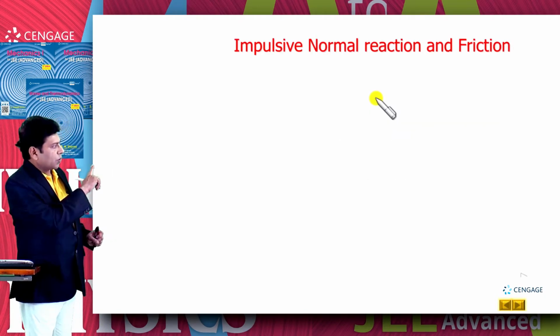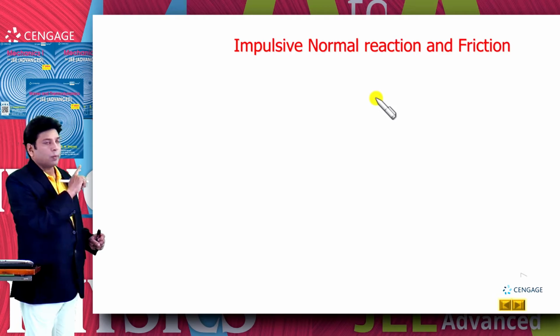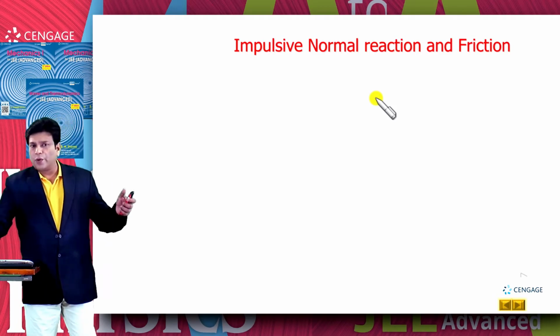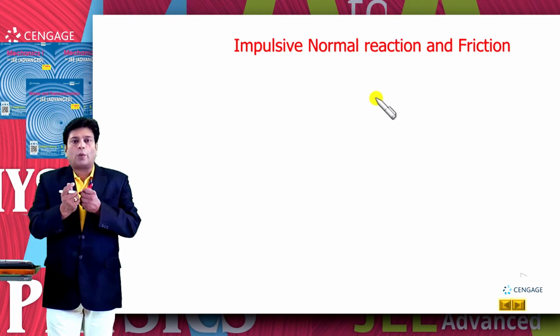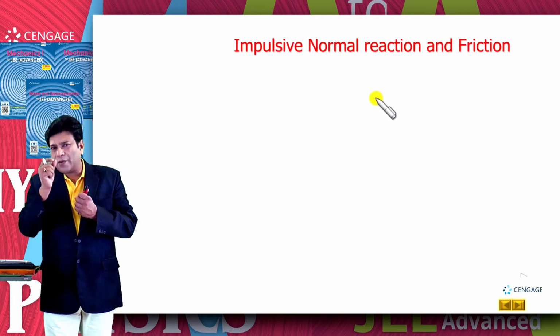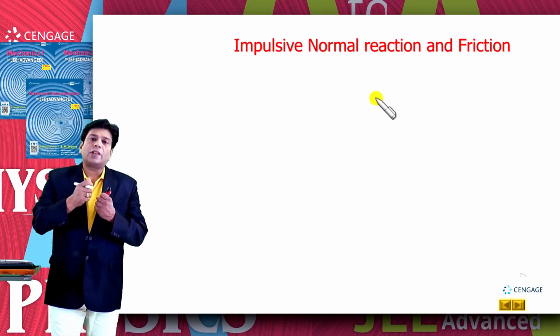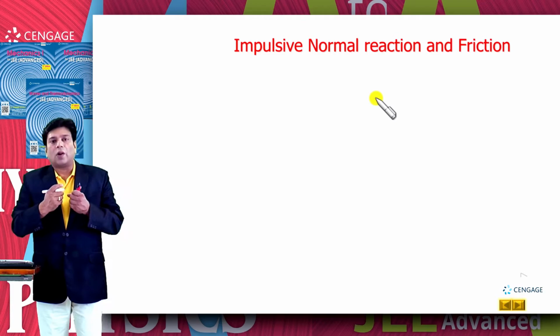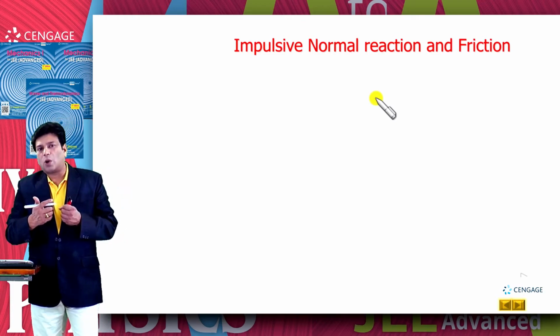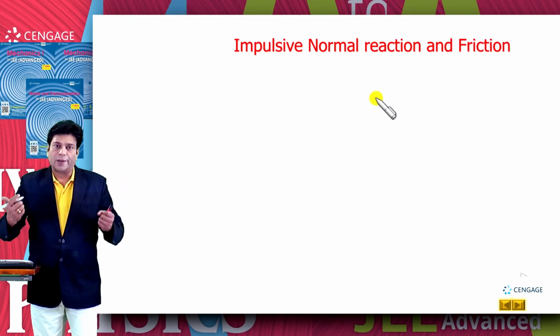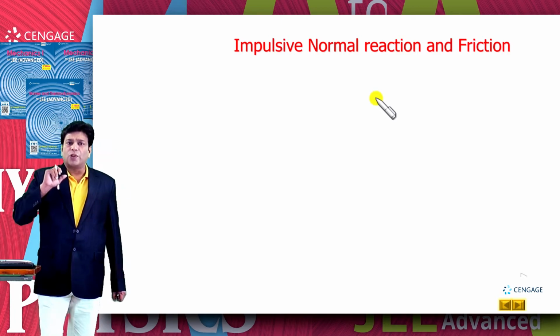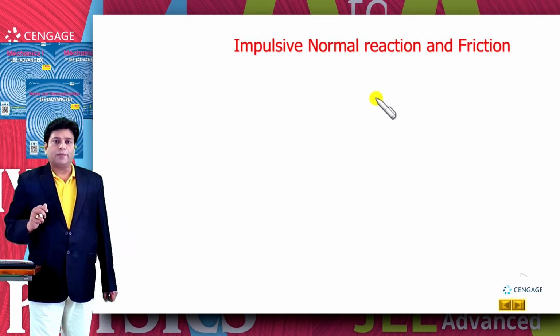So first we are going to discuss impulsive normal reaction and friction. You know, during collision, two objects come in contact during a very short interval, and during this short interval the velocity, you can say linear momentum, of the object changes abruptly. That means a very large force acts during that interval of time.